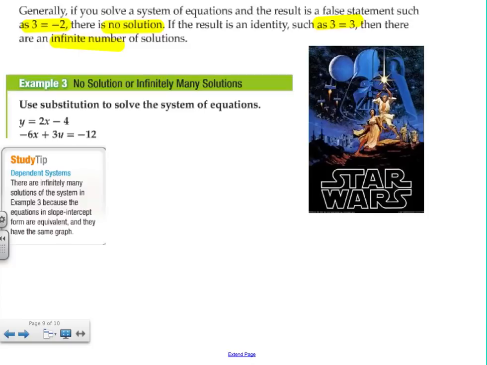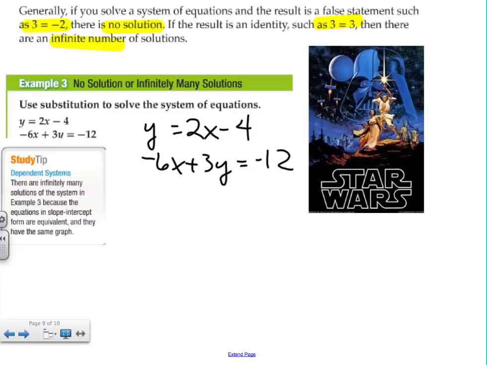Okay, so if we look at this problem, let's see what happens. We have y equals 2x minus 4 and negative 6x plus 3y equals negative 12.